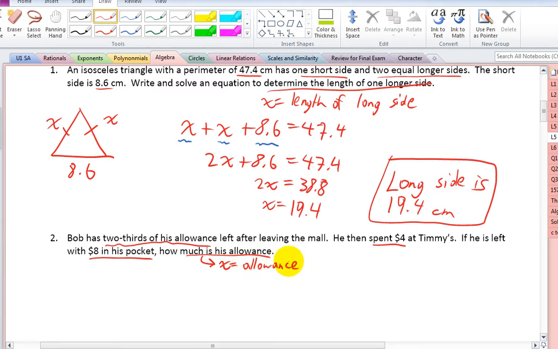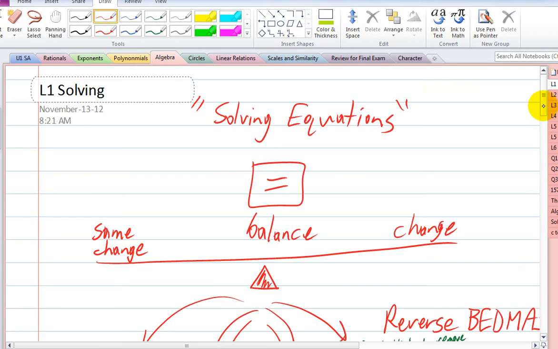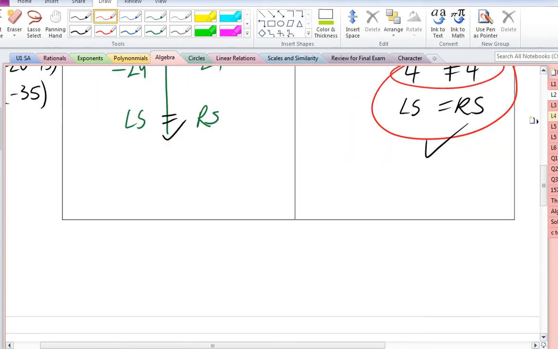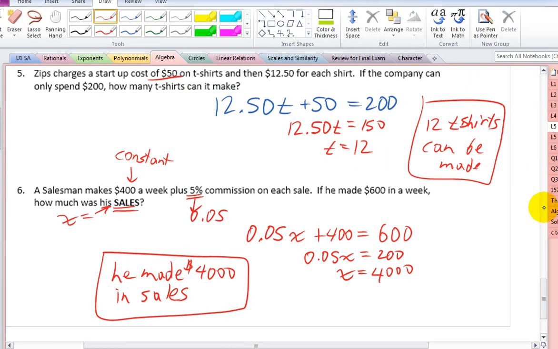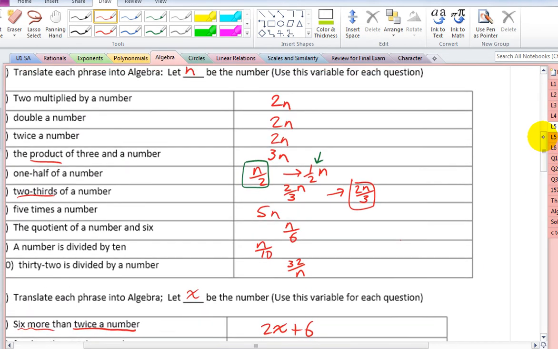Always look at this question or the last sentence to figure out what x should be. So what did he do? How much allowance is left after he left the mall? 2/3. How do we find 2/3 of his allowance? Go up to our fractions. 2/3 of a number.